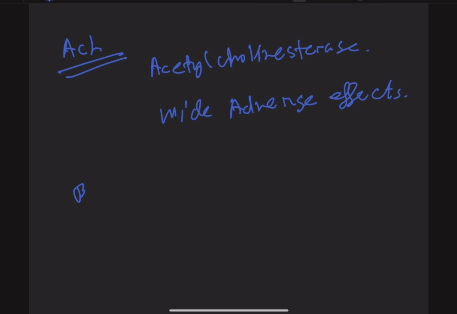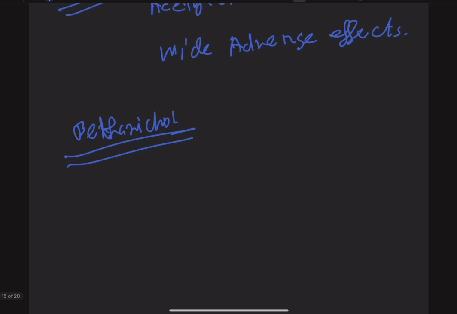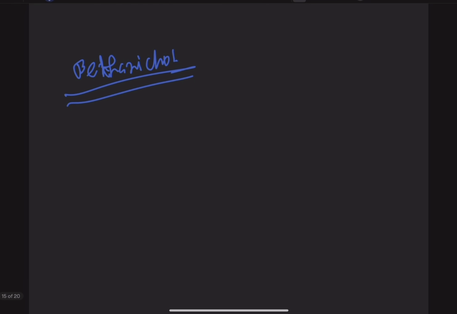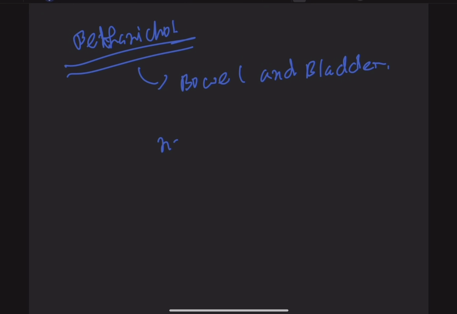Then we have bethanechol. Bethanechol mainly acts on the urinary tract and the gastrointestinal tract, and we use it in bowel and bladder conditions, like non-obstructive urinary retention, right?